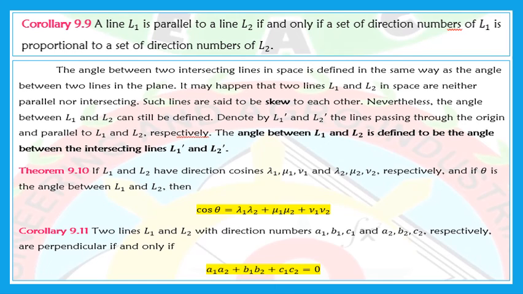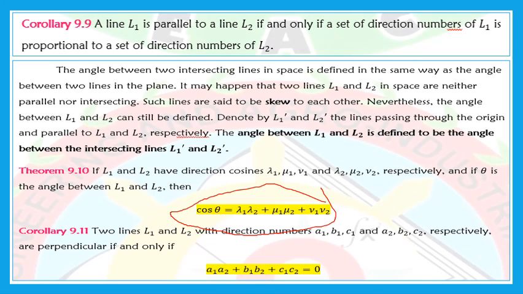In theorem 9.10, if L sub 1 and L sub 2 have direction cosines lambda sub 1, mu sub 1, nu sub 1 and lambda sub 2, mu sub 2, nu sub 2 respectively, and if theta is the angle between the lines L sub 1 and L sub 2, then cosine theta is equal to lambda sub 1 times lambda sub 2 plus mu sub 1 times mu sub 2 plus nu sub 1 times nu sub 2.